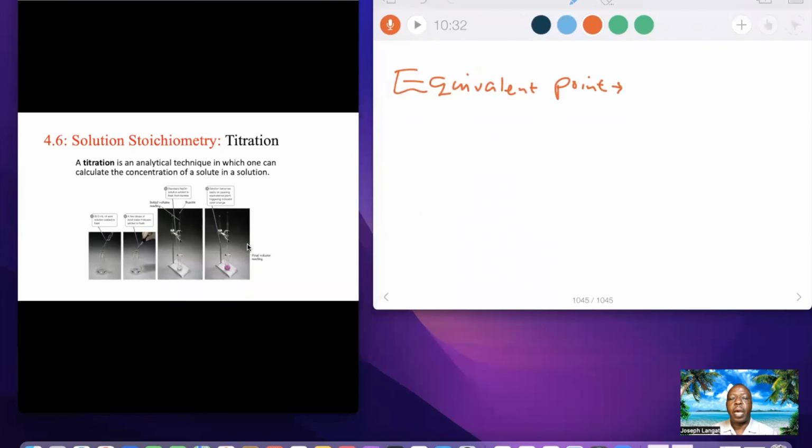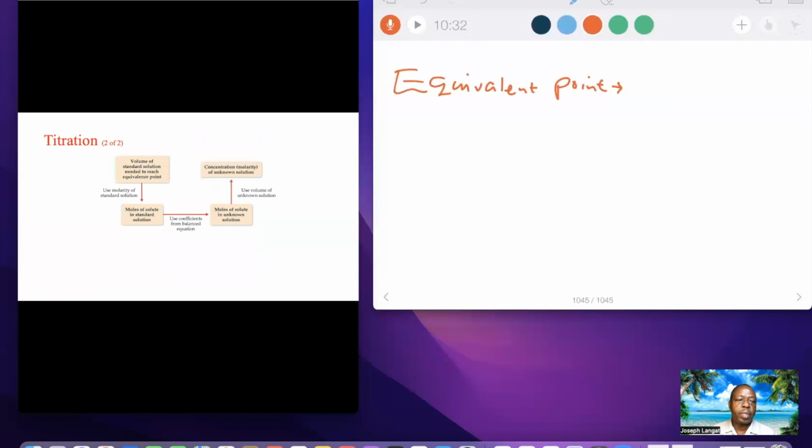It is a point in titration where the number of moles of the titrant, that means from the burette, which has gone into the flask, is equal to the number of moles of the analyte at equivalent point.